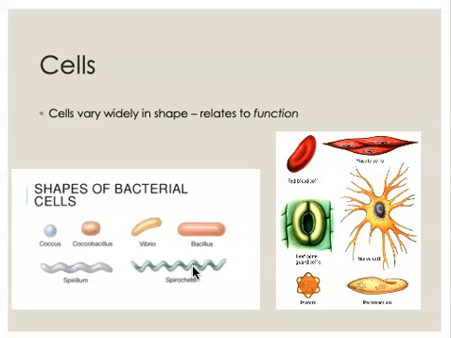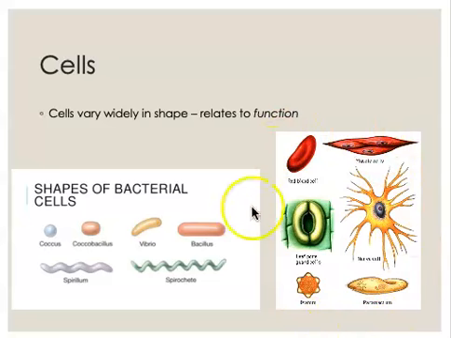For our purposes, just know that a spirillum shape has many fewer twists, and a spirochete has many more twists. So there are a variety of shapes of cells that you find in both bacteria and archaea, but not nearly as diverse a set of shapes as you find in the Eukarya domain.